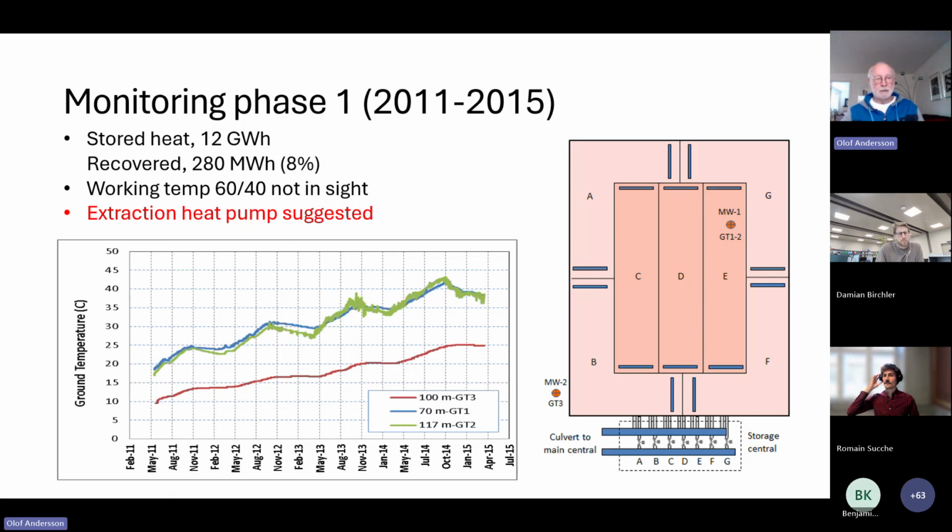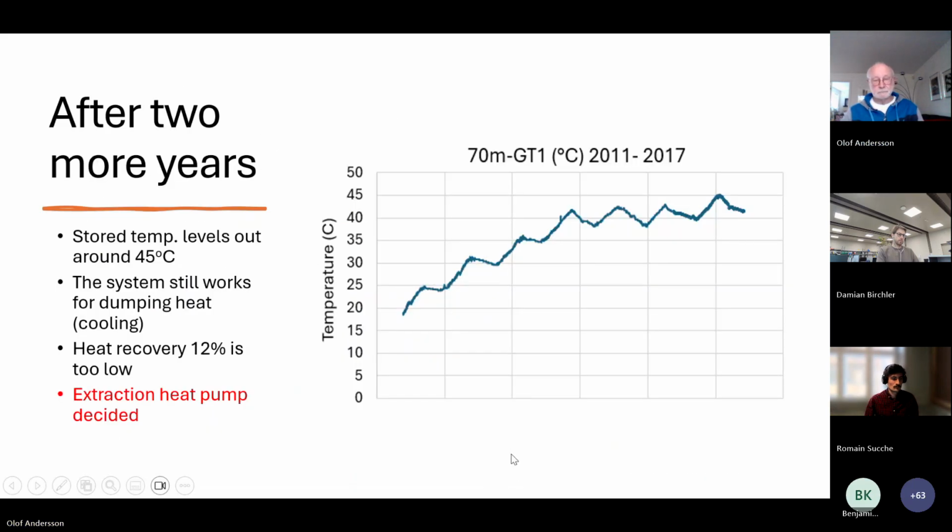The maximum temperature in the rock that we achieved at that time was a little bit above 40 degrees C. And the years after, it was a little bit more up, but not more than up to 45.